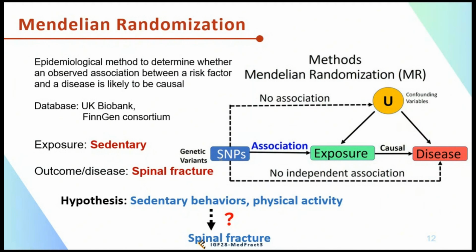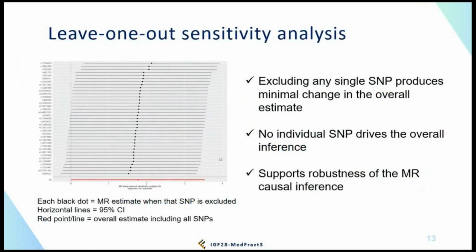The SNPs here are the genes that make people more likely to sit more or to do sports. We obtained our accelerometer-measured data from UK Biobank and also the outcome data from population cohorts.